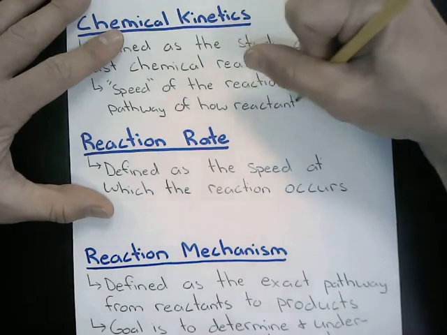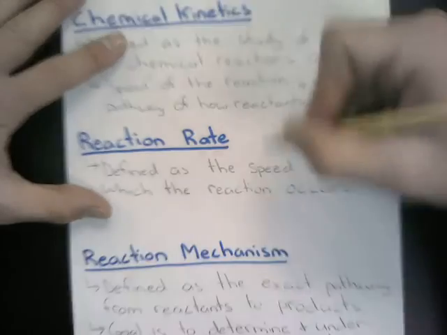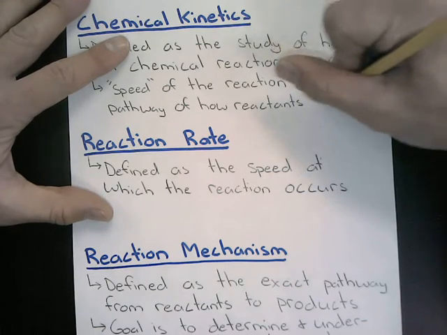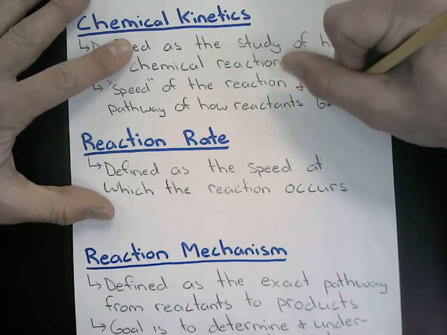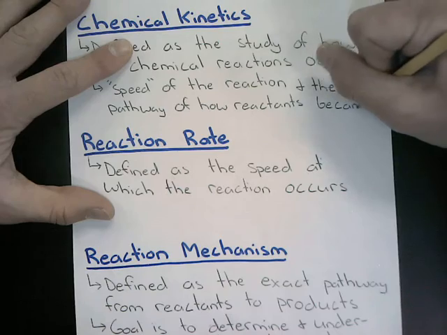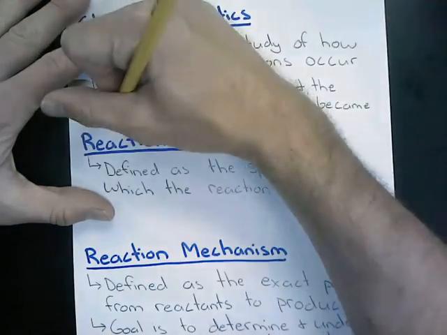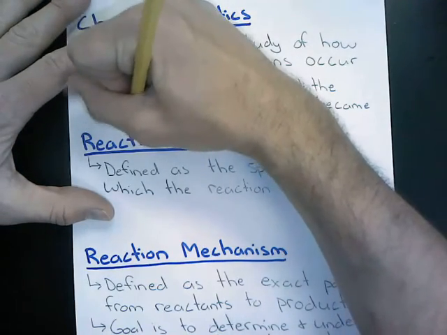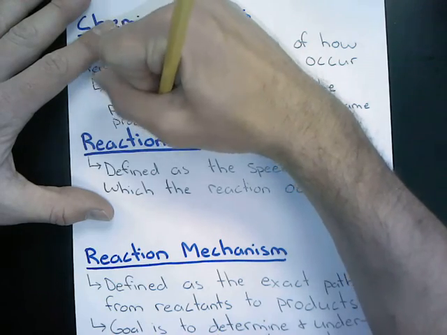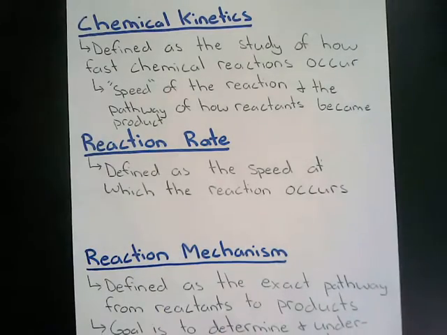Yes, the speed, but also the pathway or the reaction mechanism of how reactants became products in a chemical reaction. So both of these things, or all three of these things, are important as we go through this particular unit on chemical kinetics.